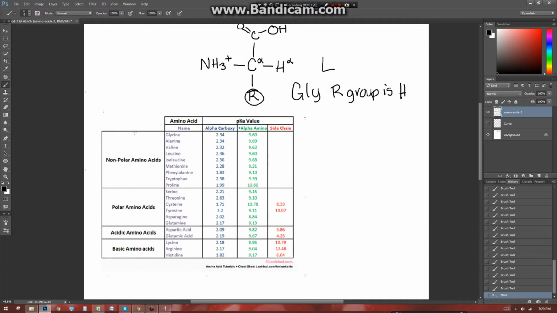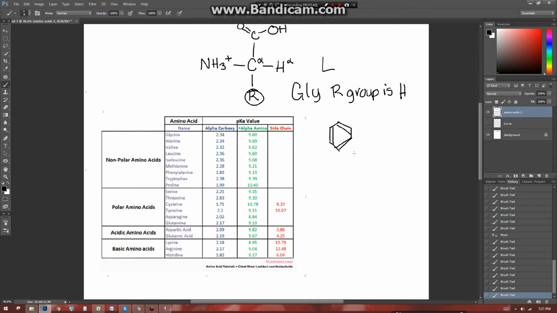So what you need to know for this class is the different groups that amino acids can fall into. They could be nonpolar, polar, acidic, and basic, which are also called charged. And then Dr. Vugmeister also wants you to know if they're aromatic or not. If you remember from organic chemistry, an aromatic ring can be a benzene ring.